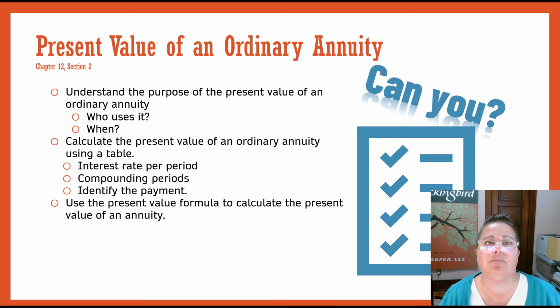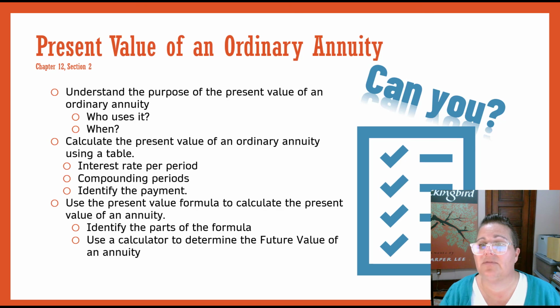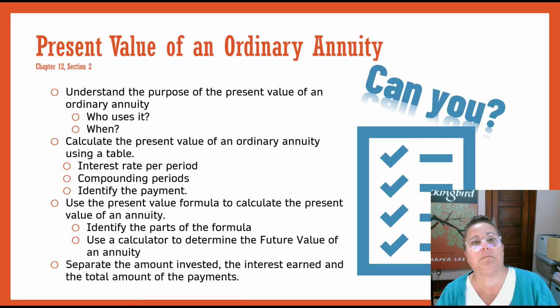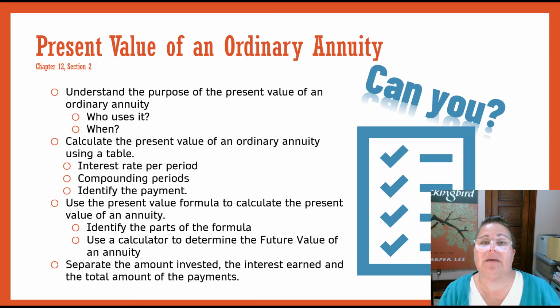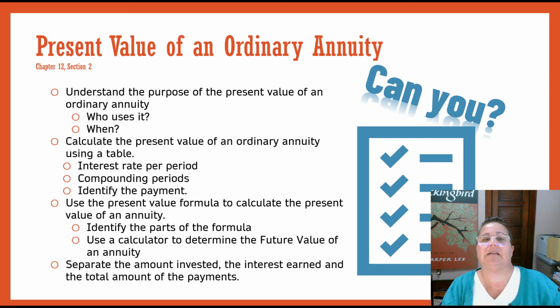Are you able to use the present value formula successfully to calculate the present value of an annuity? This would include being able to identify the various parts of the formula and to successfully navigate your calculator to determine that future value. And as we have discussed in previous sections, we want you to be able to separate the amount that was initially invested with the interest earned and the total amount of the payments.